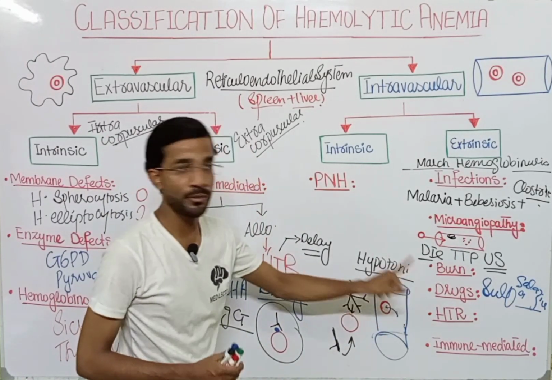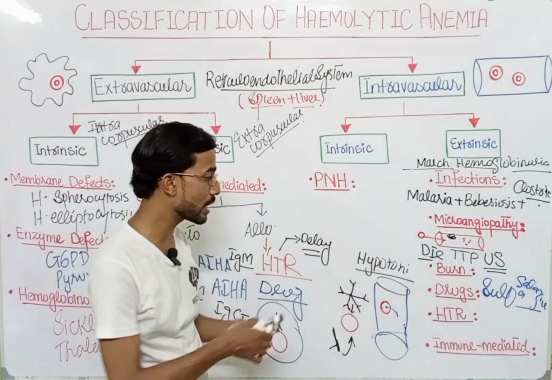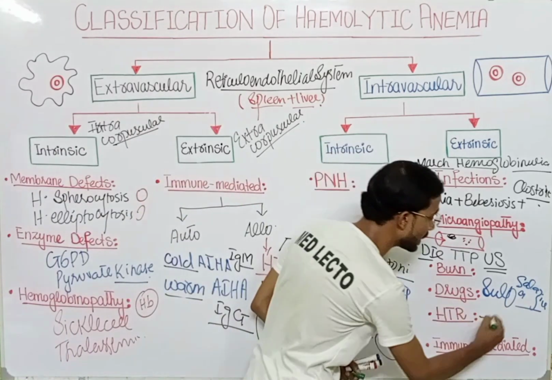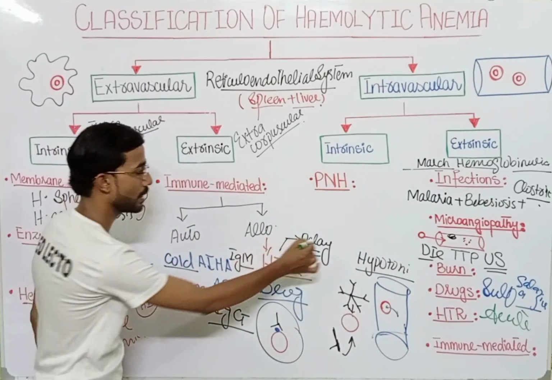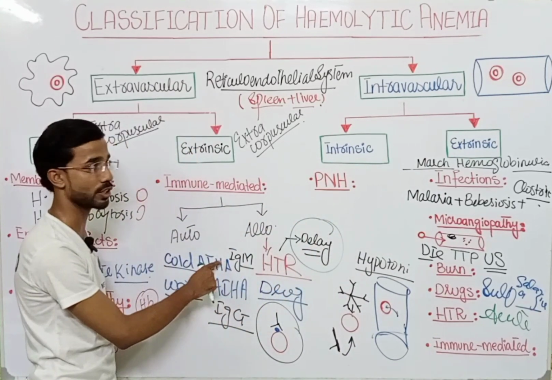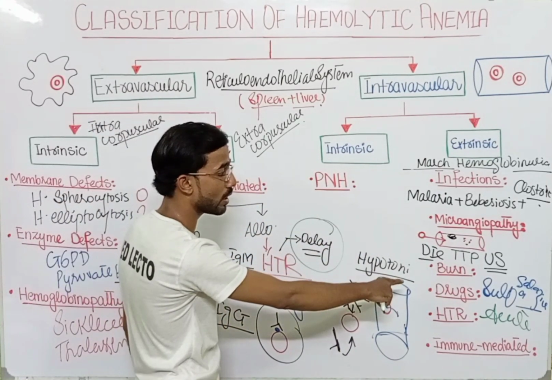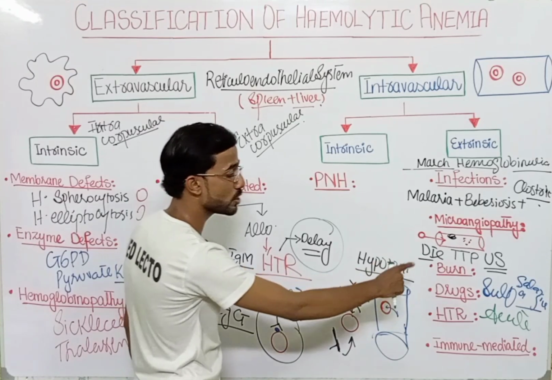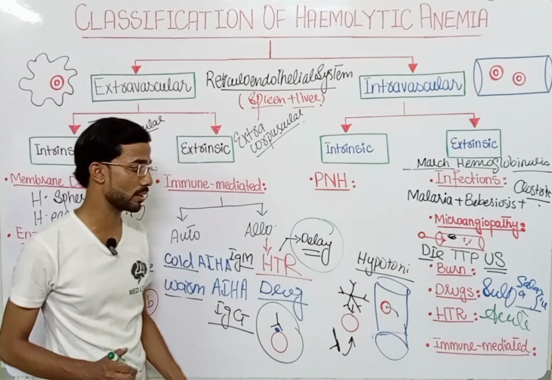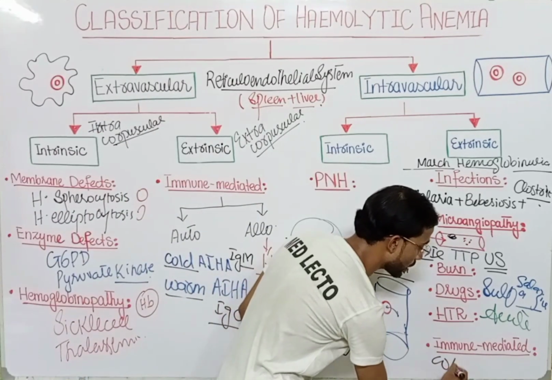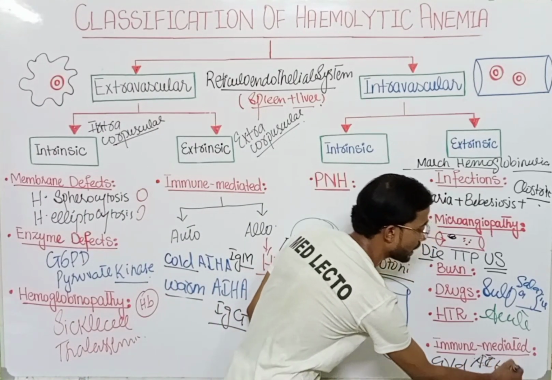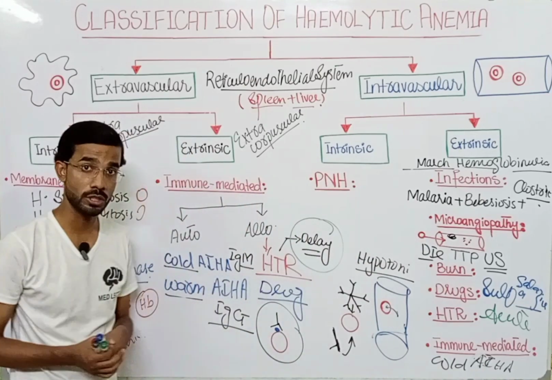And next is the transfusion reaction, hemolytic transfusion reaction, but that will be the acute one. The delayed hemolytic transfusion reaction is different, but in intravascular hemolysis you will see the acute hemolytic transfusion reaction. And next is immune mediated, specifically called autoimmune hemolytic anemia. So that's the most important thing.